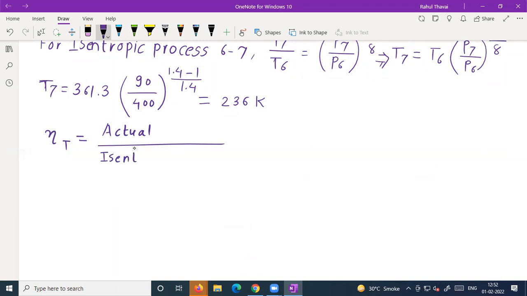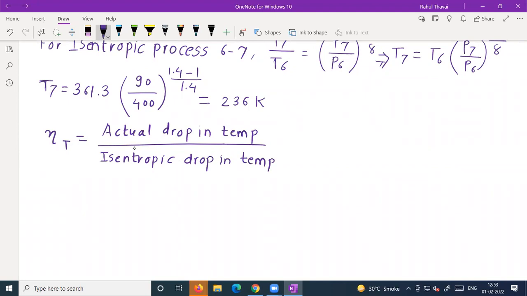In a turbine, temperature decreases, so the efficiency is actual drop in temperature divided by isentropic drop in temperature. Why is the formula like this? Because a turbine in ideal condition, that is the isentropic condition, always produces more power than in actual condition.